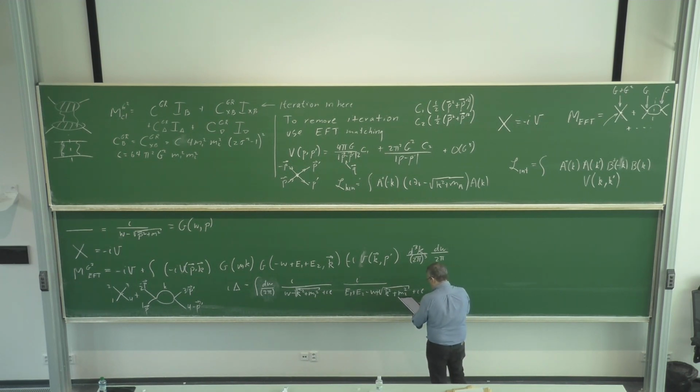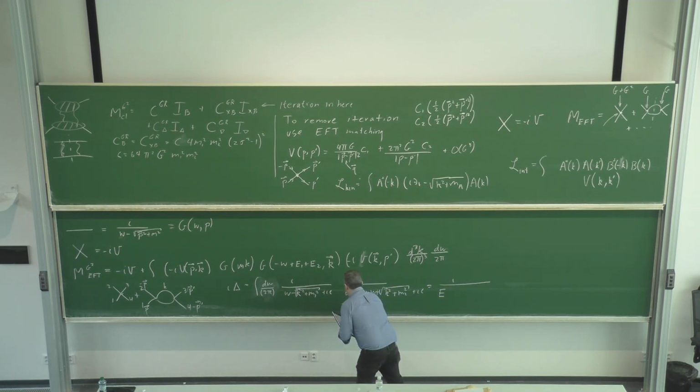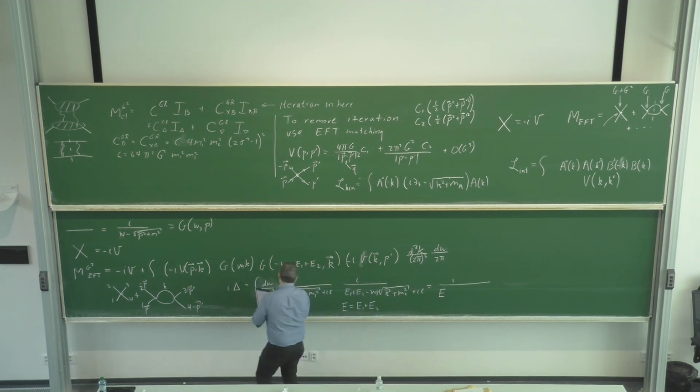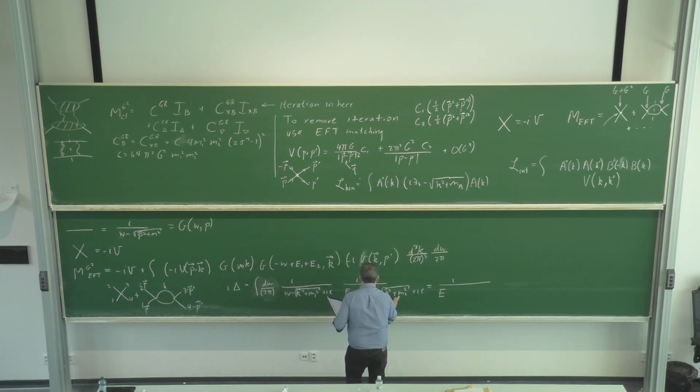And the answer that you get is that this is equal to i over E, where let me define E just as E1 plus E2. And so if I substitute omega equals the square root of k squared plus m1 squared in here, you see I get E1 plus E2, and then I get this and that together.